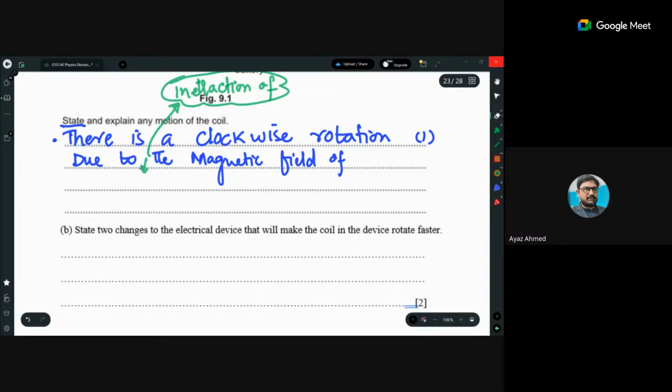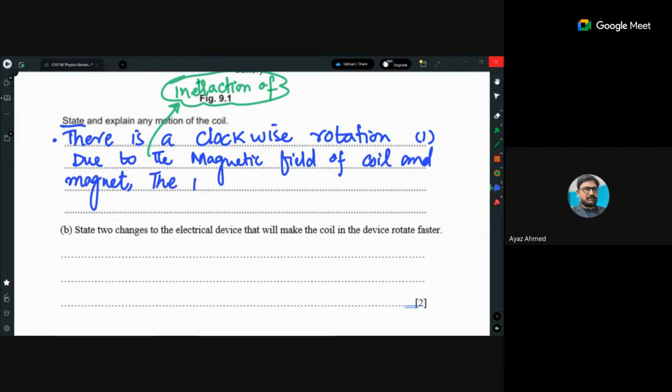Because there are two magnetic fields now. Interaction of the magnetic field of coil and magnet. The force is developed and its direction is determined by using Fleming's left-hand rule.